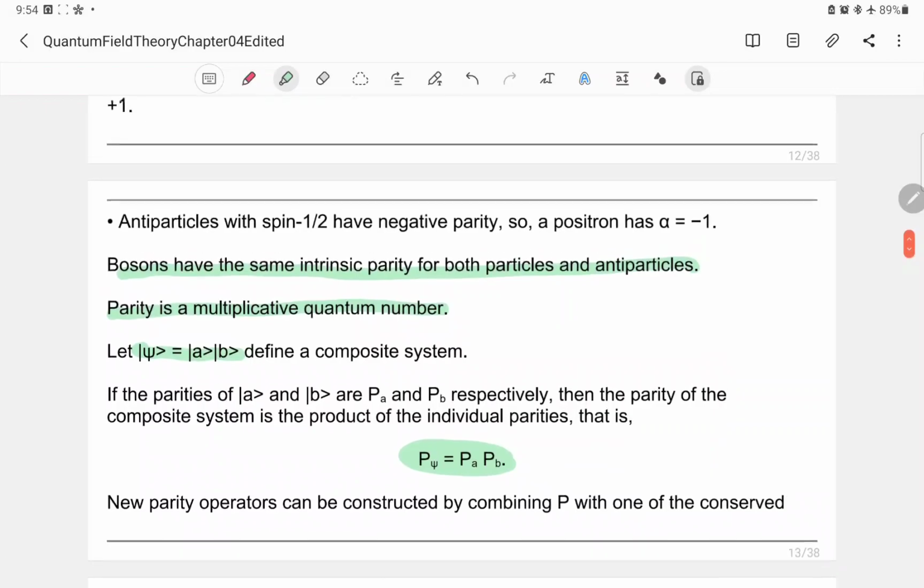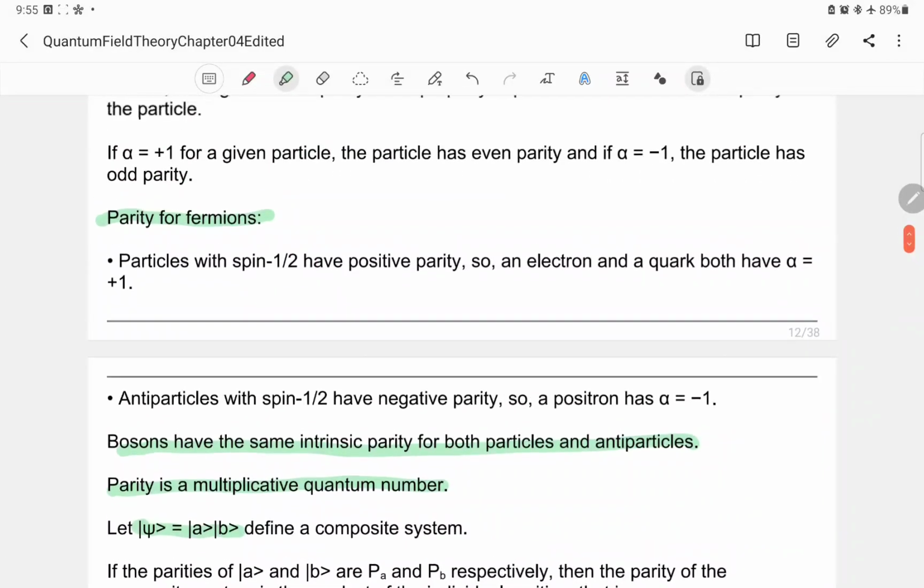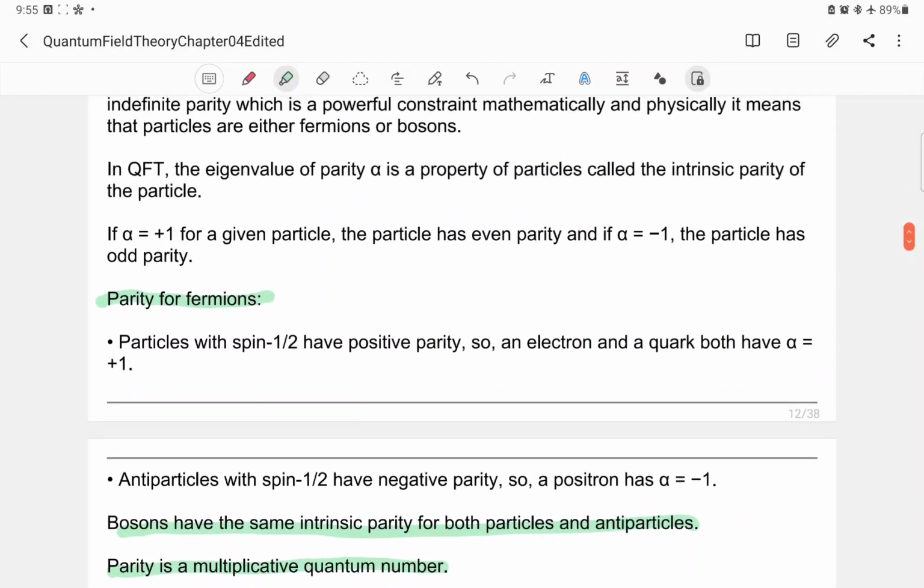Going back, these are the things to remember. Particles with spin 1/2 have positive parity. So an electron and a quark both have parity of positive 1. Remember that electrons and quarks have parity of 1.